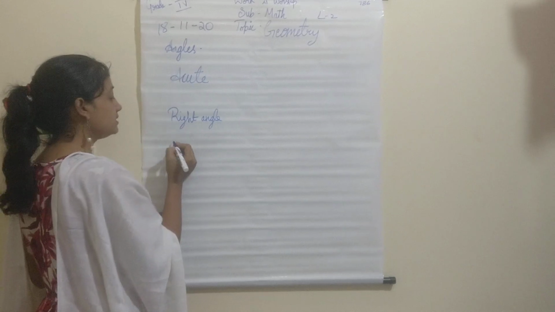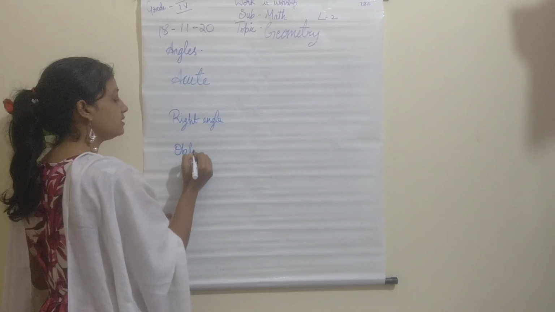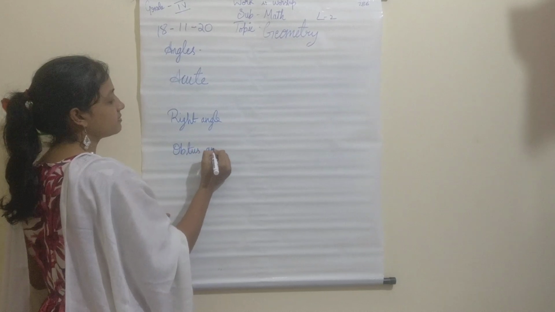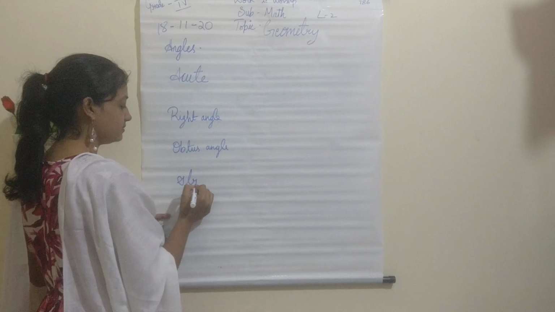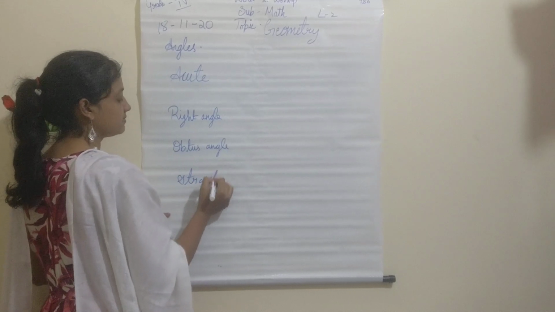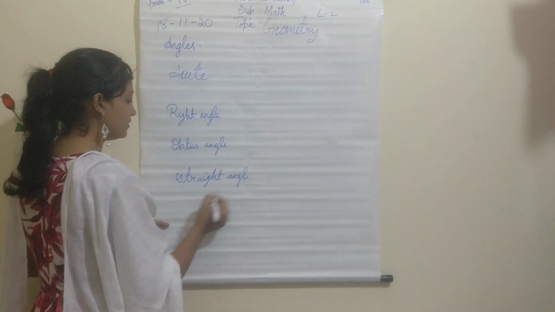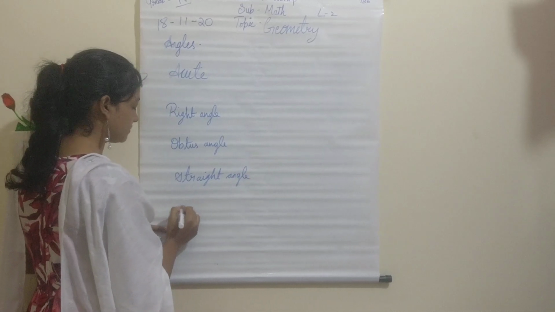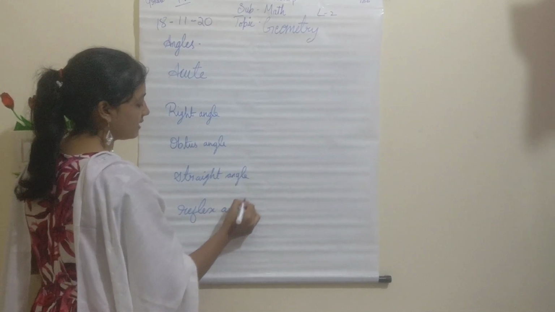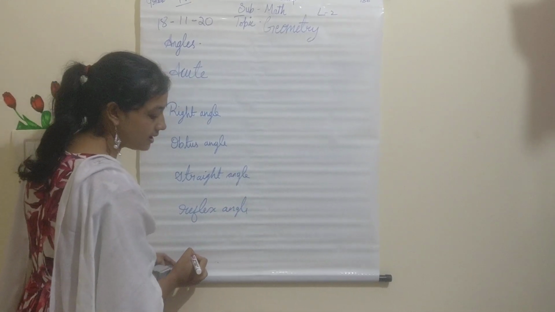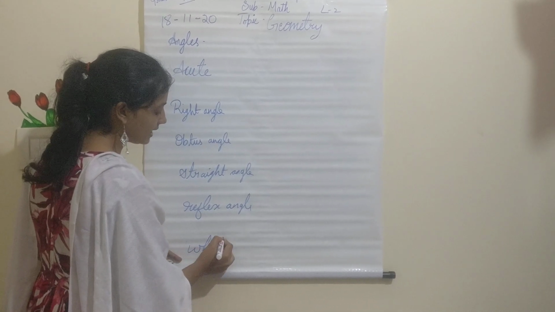The other one is obtuse angle and straight angle. Reflex angle, and the last one is complete angle, also called whole angle.